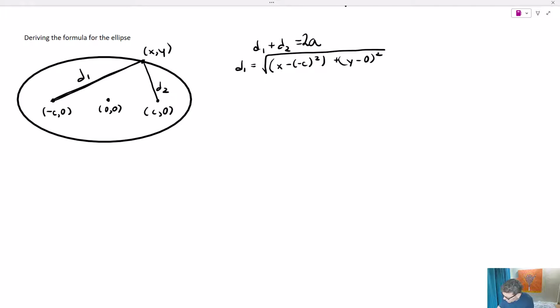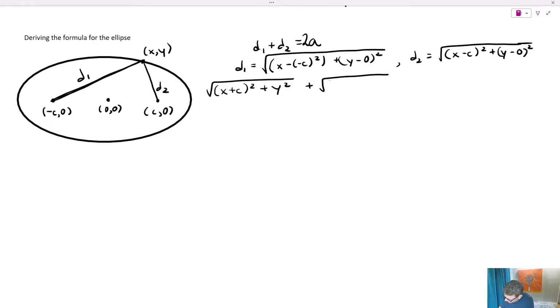And distance 2 is going to end up equaling the square root of x minus c squared plus y minus 0 squared. So our distances added together, that's going to be the square root of x plus c squared plus y squared plus the square root of x minus c squared plus y squared ends up equaling 2a.